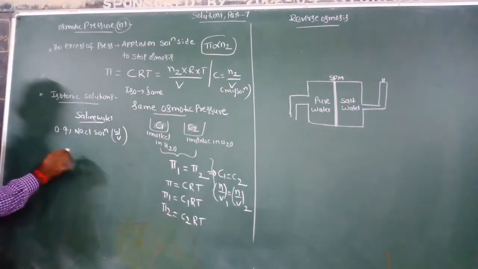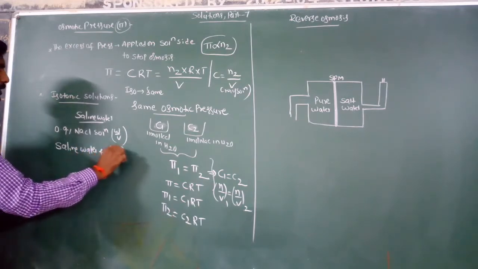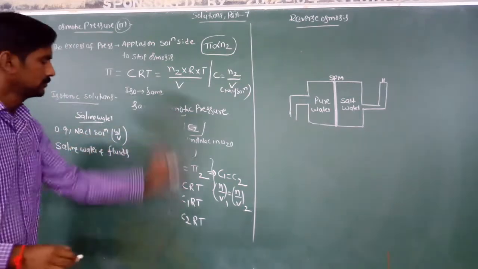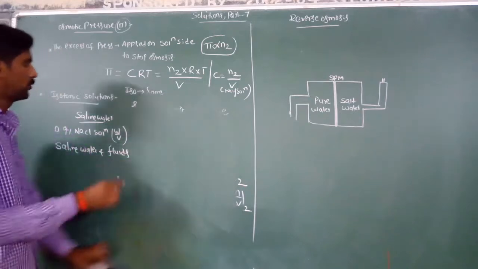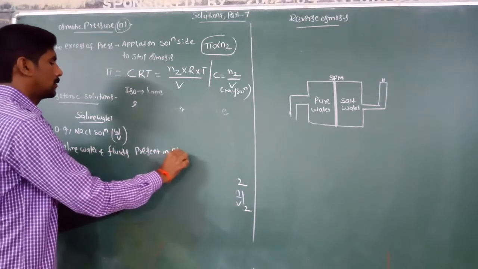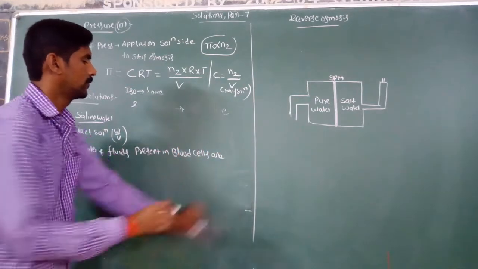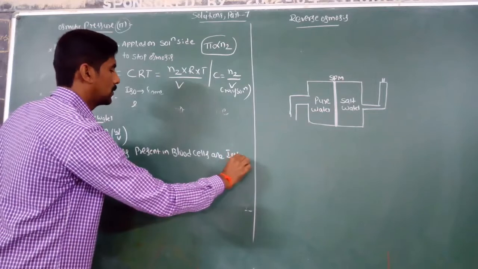You know that saline water and fluids present in blood cells are isotonic.